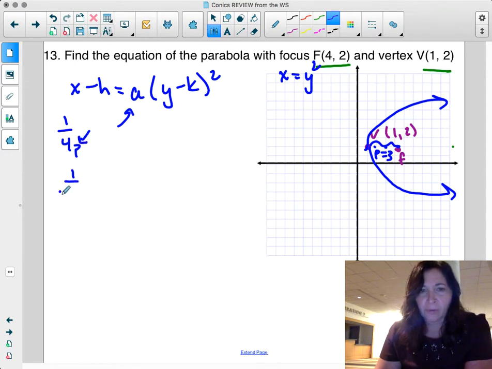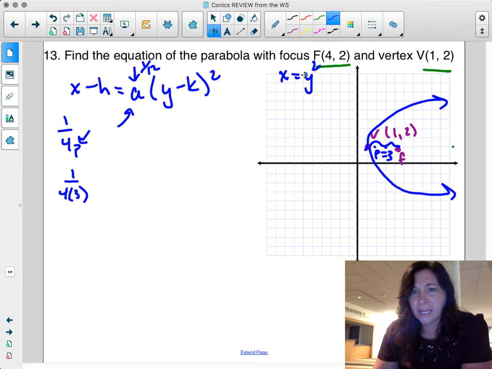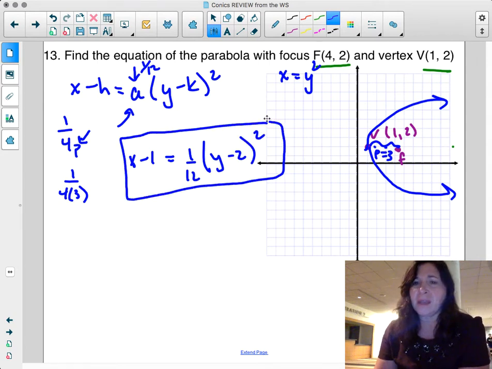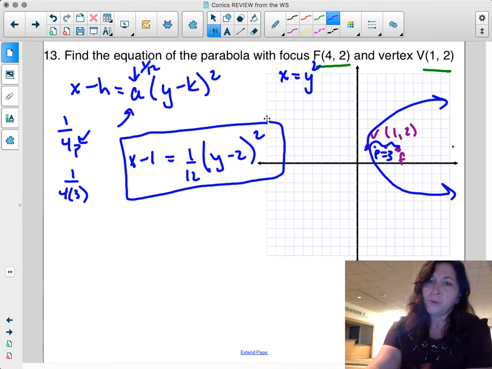So I have 1 over 4 times 3, which is 12. So I have 1 over 12. Additionally, my vertex is 1, 2, so my final equation is going to look like this: x minus 1 equals 1 over 12 times quantity y minus 2 quantity squared. So that's the equation of the parabola in standard form, or vertex form.